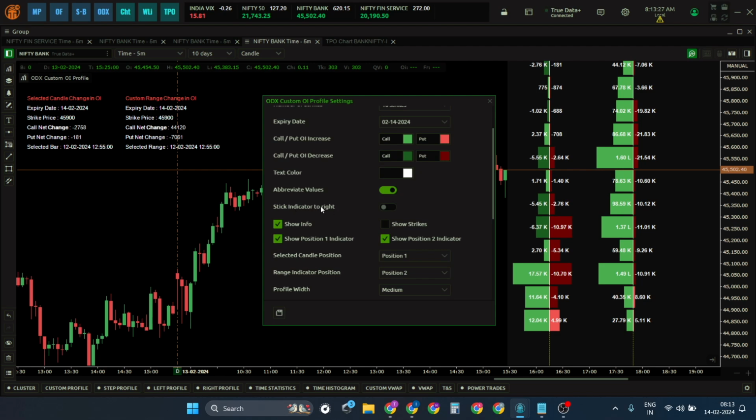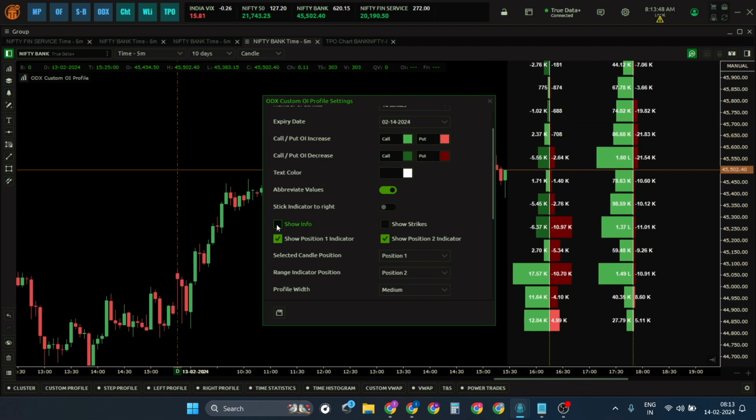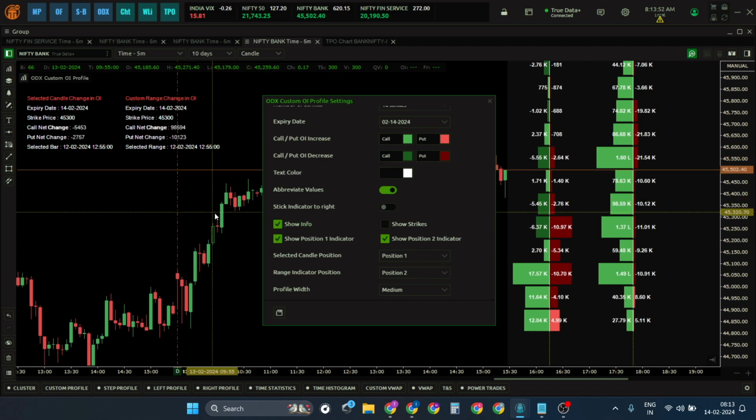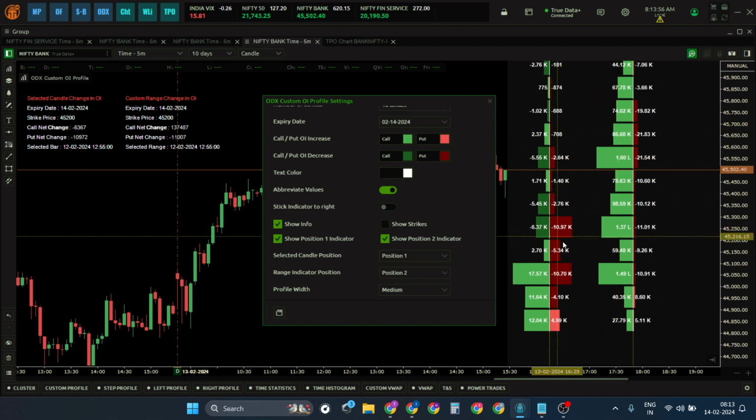Now what is stick to right, we're going to discuss this, but before that let me show you the other options. Now what is this show info? Show info is nothing but the same information shown to you in a box format, but as I have the information in a graphical presentation, why should I prefer the text version or box version? I simply uncheck this. Okay, so now if I place it at one candle, you can see the strike price as well, but here we are not seeing any strike price.